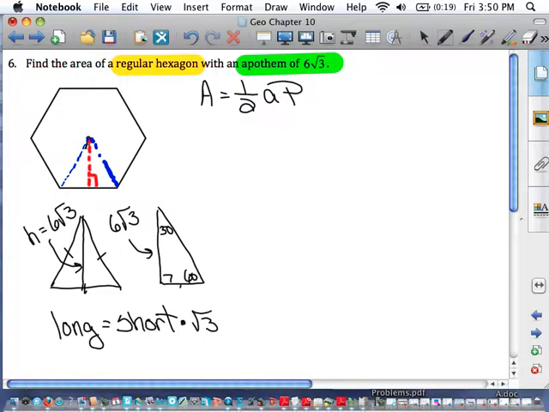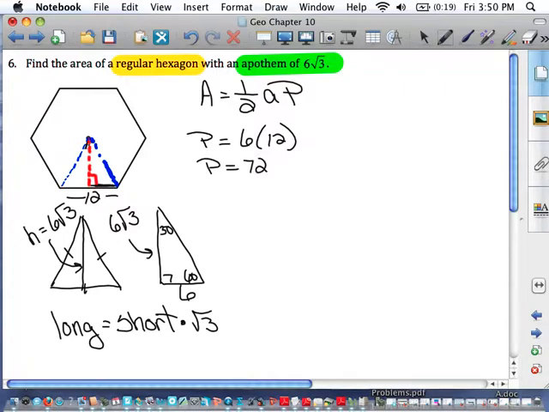That means that this short leg would be 6. If the short leg is 6, that's this half. We double that for 12, and we get the length of a side. So now the perimeter is equal to the number of sides, 6, times the length of each side, 12. So now I know that the perimeter is equal to 72.